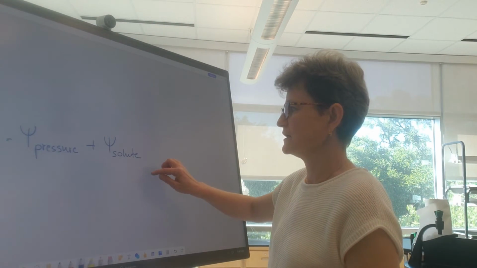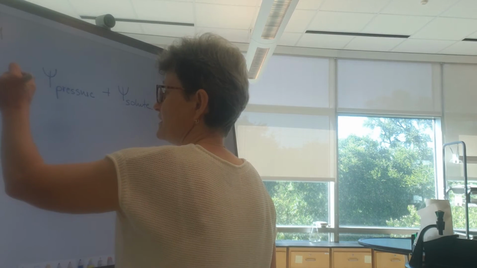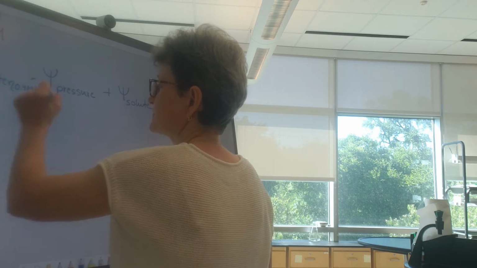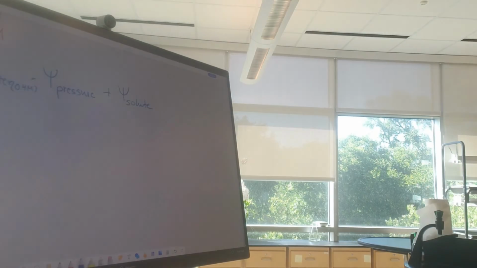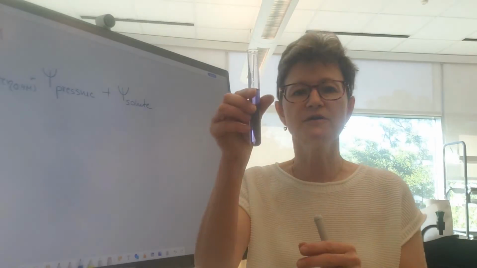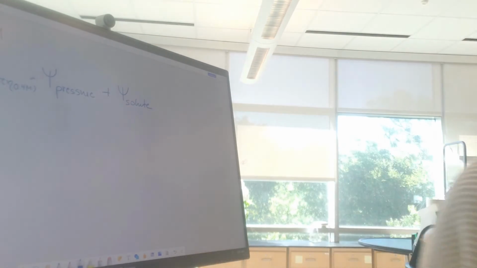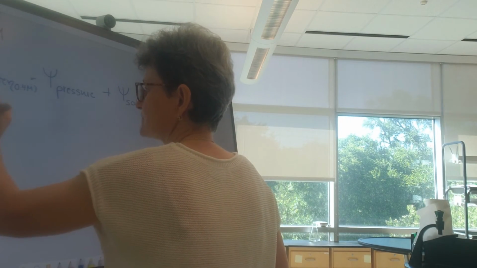For us, let's do the calculation for the solution that is 0.4 molar. And because we are using an open container in the test tube, it's not sealed, so the pressure potential is going to be 0.